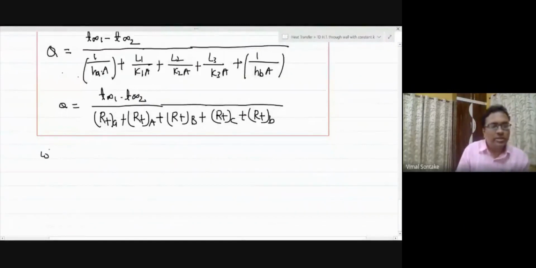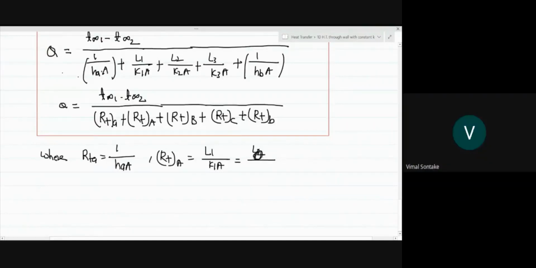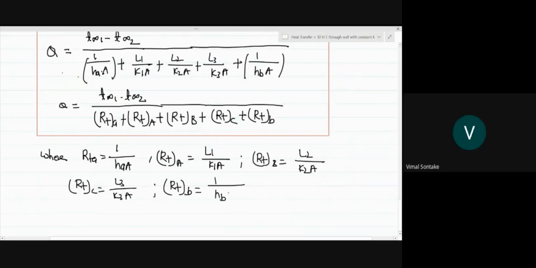And in this expression, R_T a is nothing but 1 over h_a A. R_T suffix capital A is nothing but L1 over K1 A. R_T suffix capital B is L2 over K2 A. R_T suffix capital C is L3 over K3 A, and finally R_T suffix small b is the convective thermal resistance by cold fluid film.